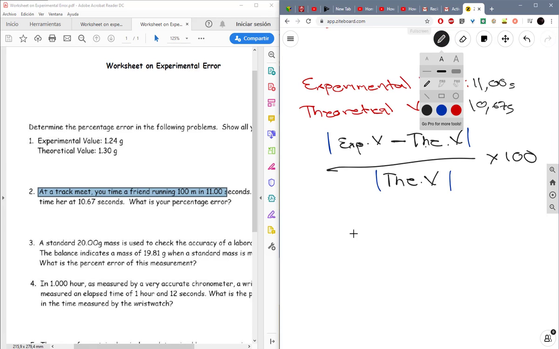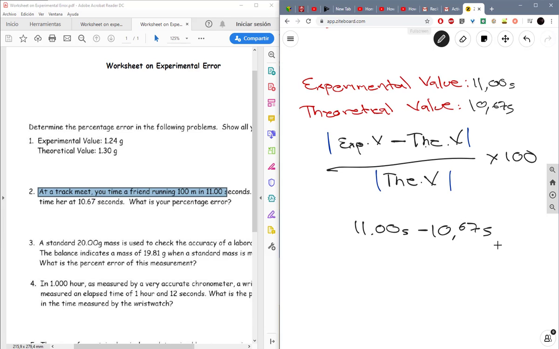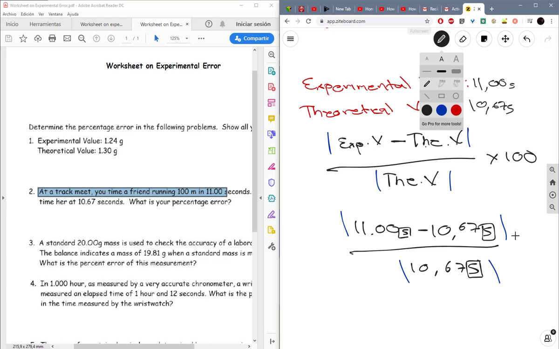Experimental value 11, so 11 seconds minus 10.67 seconds over 10.67 seconds, because that is the theoretical value. Esto es una S. I am going to put it inside a square so you don't get confused with a 5. Sorry for that. Eso es una S de seconds. Okay? Don't forget the absolute value bars and multiplying by 100.